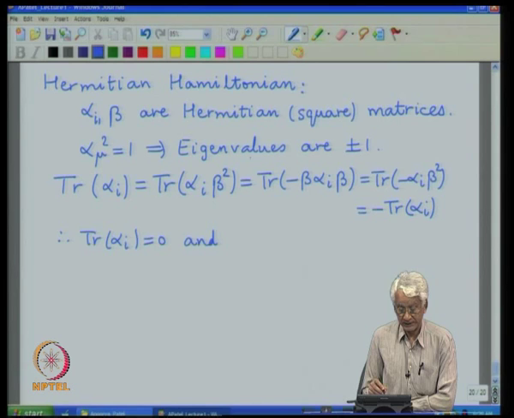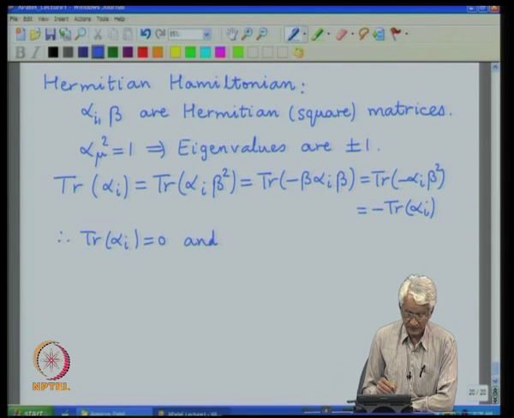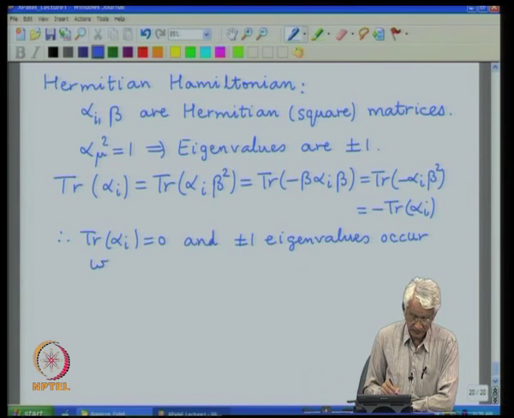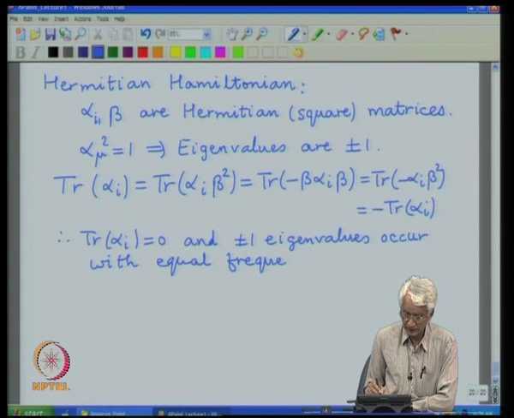and because the matrices are Hermitian, they can be diagonalized with the diagonal elements just being the eigenvalues, and the trace equal to 0 means that the plus and minus eigenvalues occur with equal frequency.